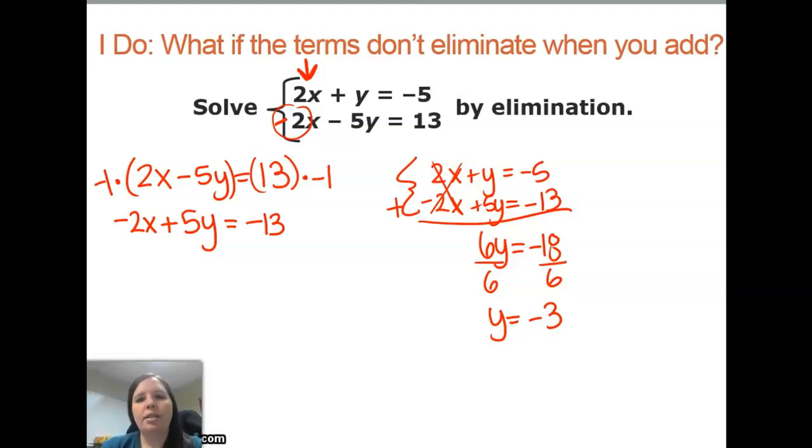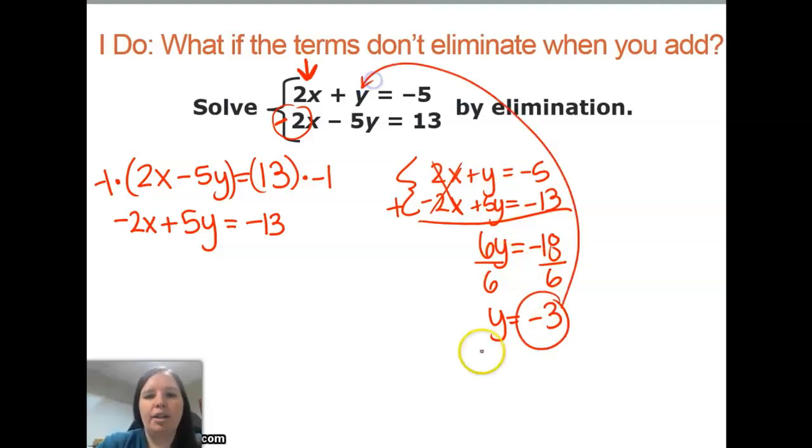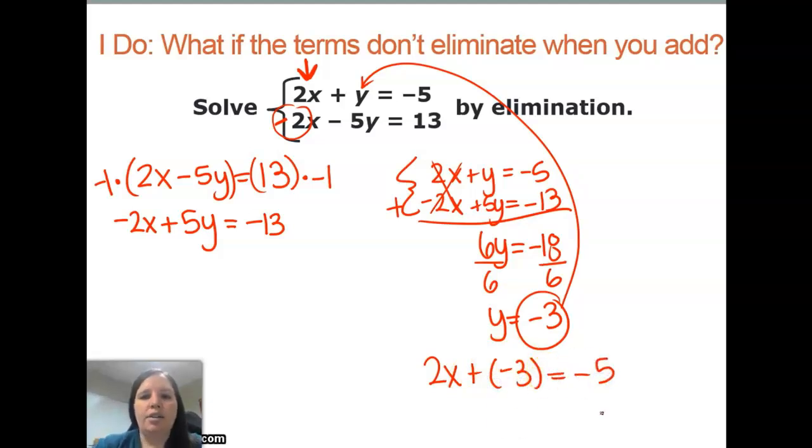So my x is canceled, and I was able to solve for y. To solve for x, I would plug that back in. So 2x plus negative 3 equals negative 5, and I could solve from there, and I would get that x is equal to negative 1.